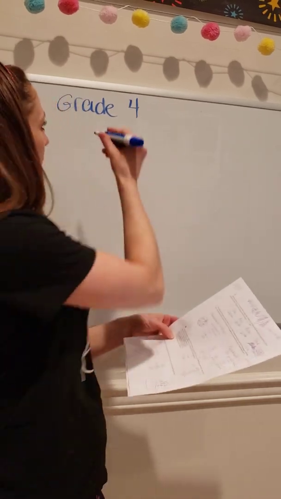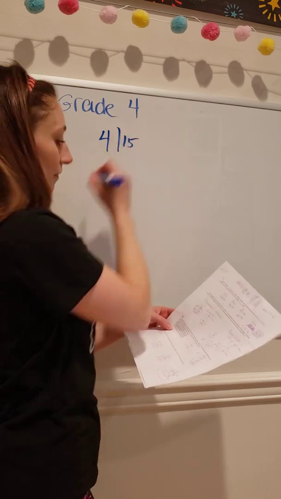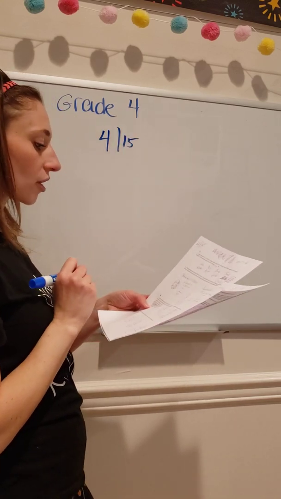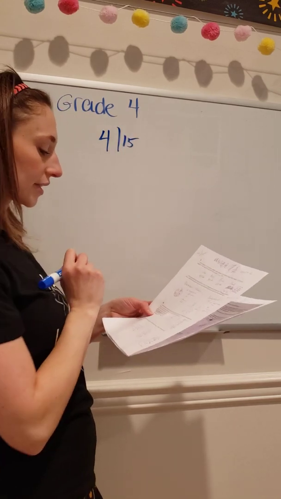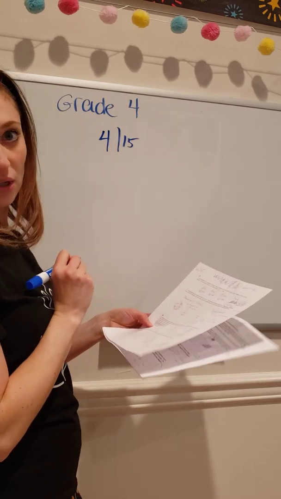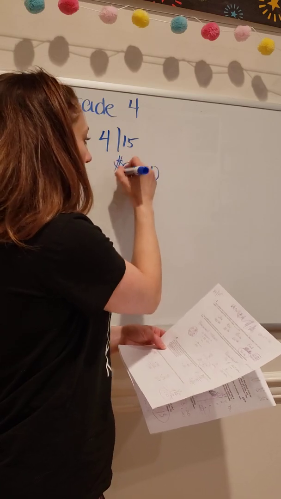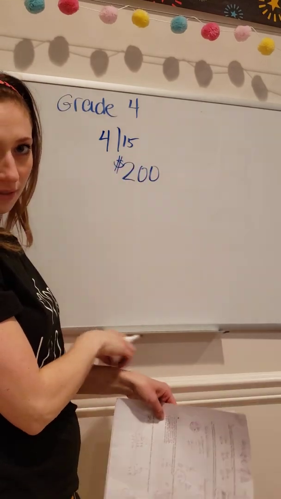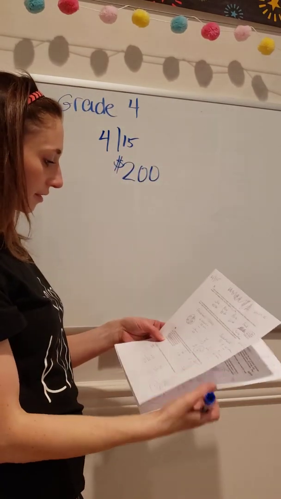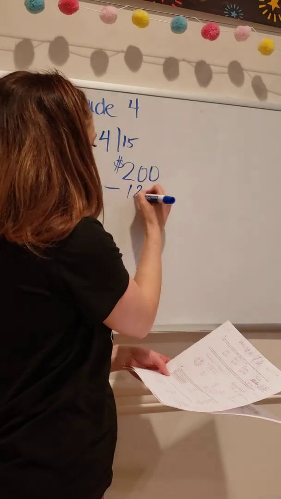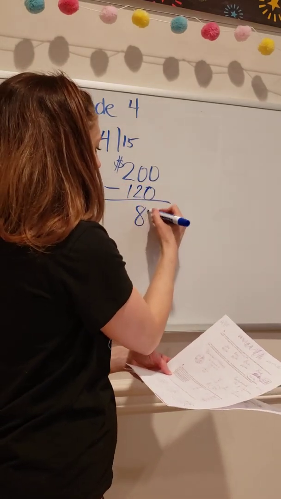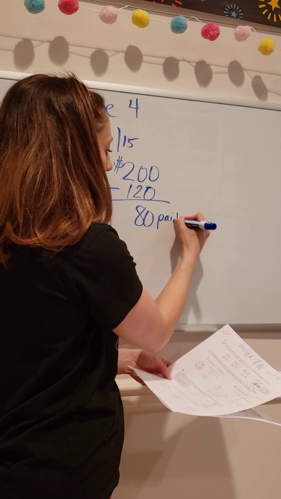All right, for the 15th. Number 1 says Joshua bought a car for $120 less than the sticker price of the car. So the thing that we don't really know is what is the price of the car. I'm going to guess that the car's sticker price, the price that they want to sell it for, was $200. So if he bought it for $120 less, it's like he paid $80.